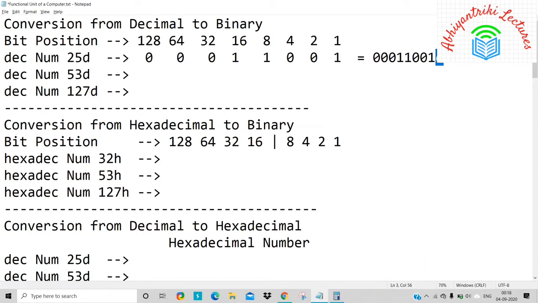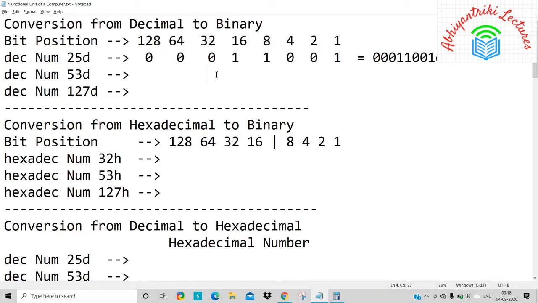And next, similarly 53D. How do you write 53D? Starting from 32, since 64 is greater than 53, I don't put a 1 there, and that bit will become 0. Let me first finish this. Under 32, put 1.